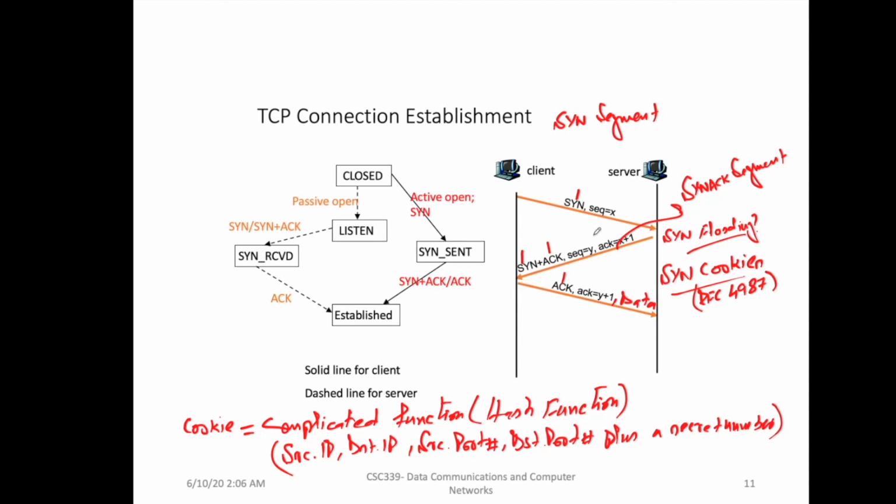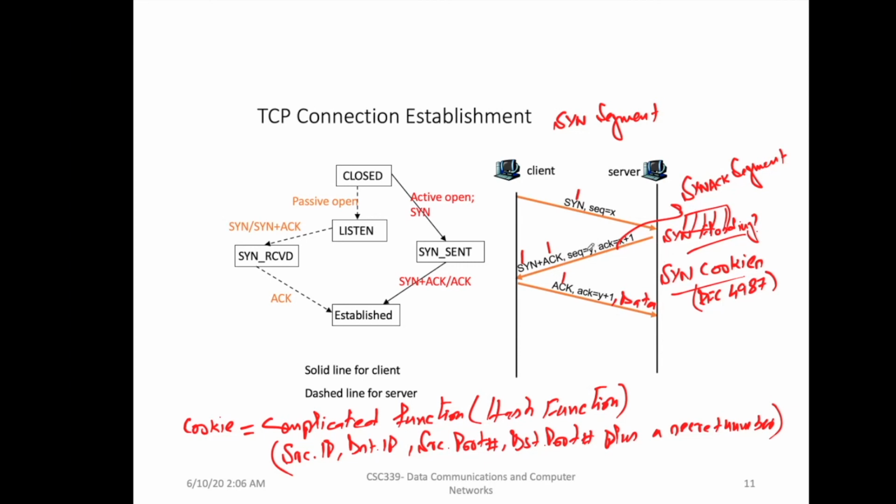Okay, so this carefully crafted initial sequence number, which we call a cookie, makes sure that the server will only accept connections from the legitimate client. The other difference is that previously, without a cookie, whenever there was a request from the client, the server after generating the SYN ACK segment allocated a buffer for this client for incoming data.